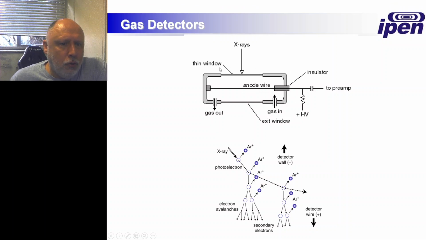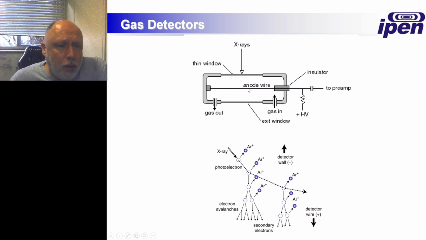The whole external part is positive, so you will collect electrons on one side and the heavier ions on the other side, and you have now a current or pulses, depending on how you do that, right?